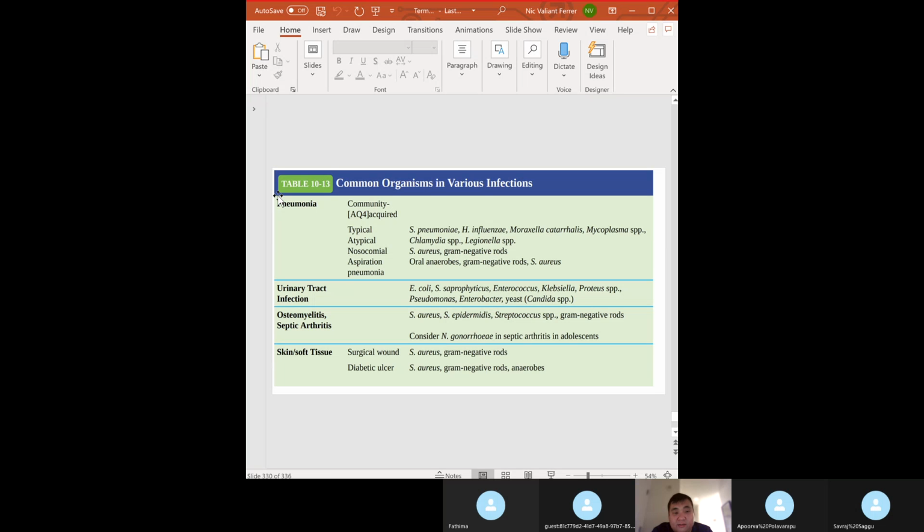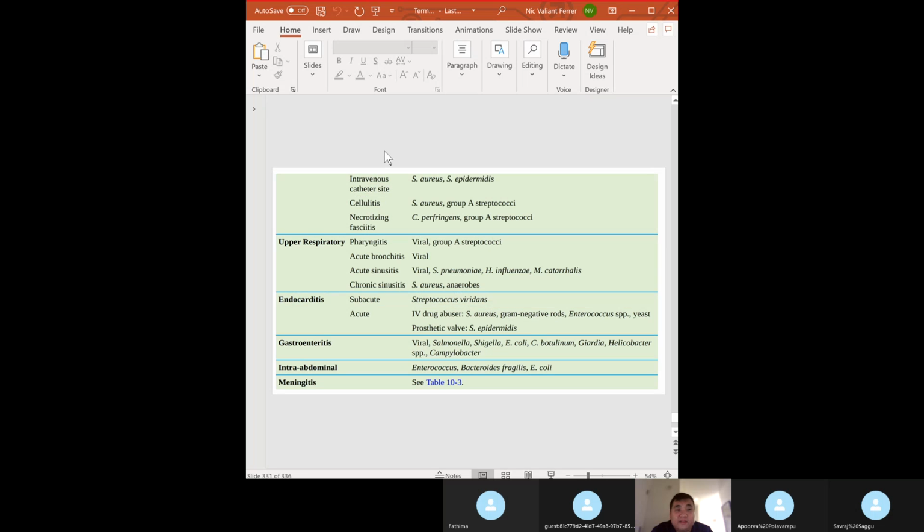Osteomyelitis, septic arthritis, always S. aureus. However, if they're young and sexually active, think Neisseria gonorrhoeae. For surgical wound, think Staph aureus. Diabetic ulcer, commonly polymicrobial. If it's an intravenous catheter, S. aureus or Staph epidermidis. Cellulitis, S. aureus. Necrotizing fasciitis, Clostridium perfringens.